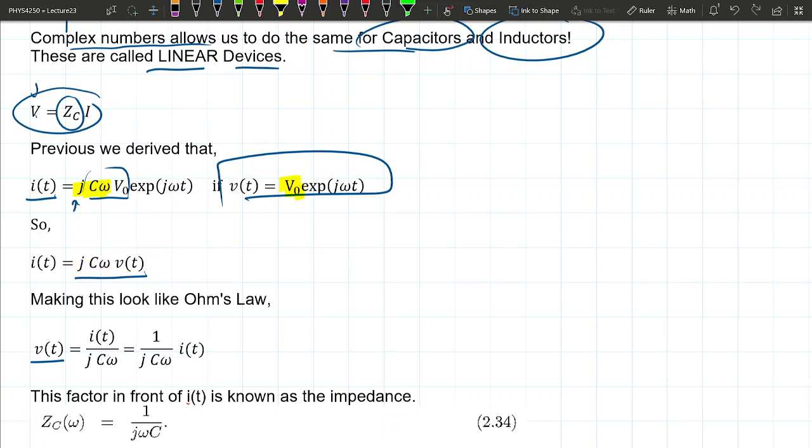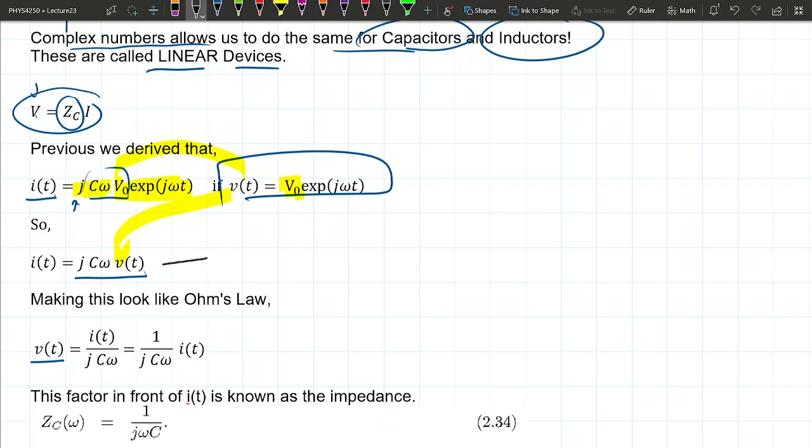The factor in front of the voltage is V naught, but in front of the current it is j C omega V naught. Everyone see that? Well, that means I can substitute in this whole thing, and that's what this turns into.